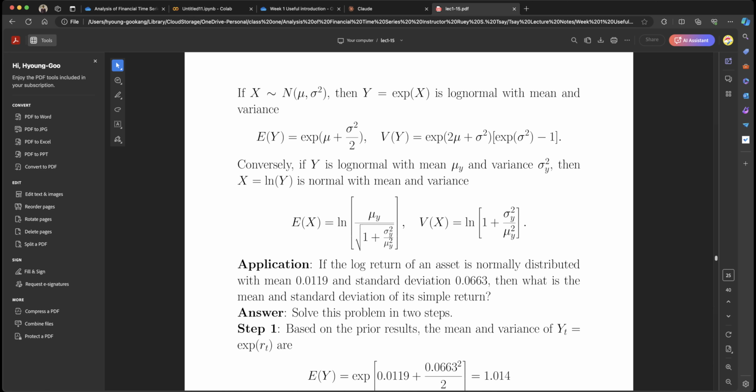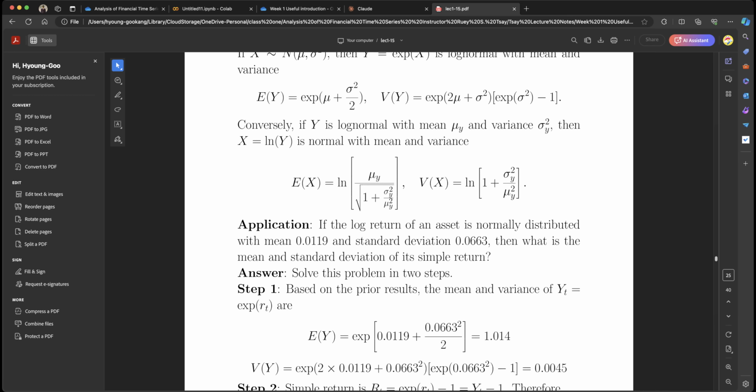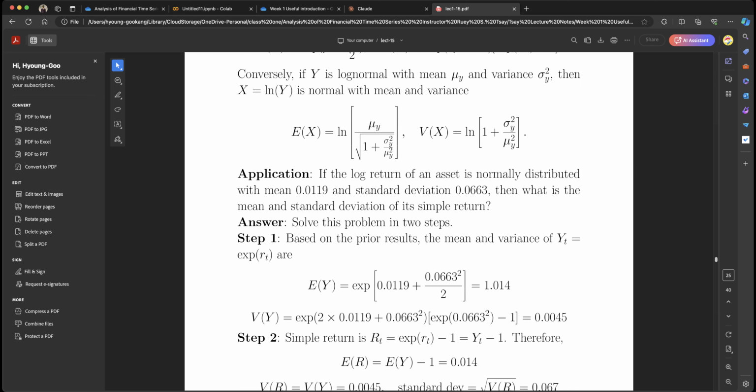Application. Okay, if the log return of the asset is normally distributed with mean of 0.0119 and standard deviation 0.9063, then what is the mean and standard deviation of the simple return? Okay, we can solve this problem in two steps based on the prior result.